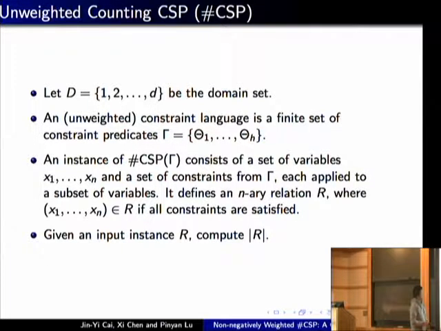An instance of the counting CSP defined by gamma is basically a set of variables x1 to xn, and you can apply the constraints, the predicates, in any way you want over any subset of variables. And of course, this defines for us an n-ary relation R. An assignment is in this relation if and only if all the constraints are satisfied. Given such an instance, in this counting problem, we need to count the number of solutions. We need to compute the cardinality of this relation R.